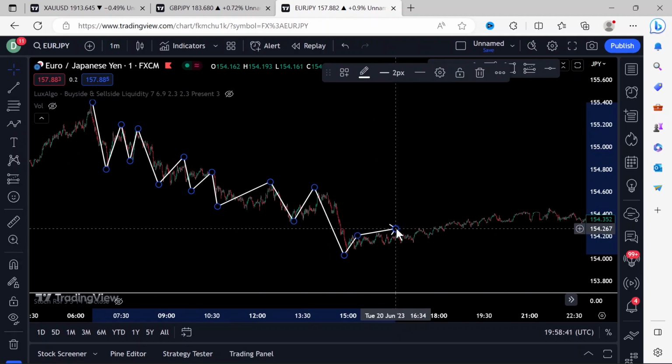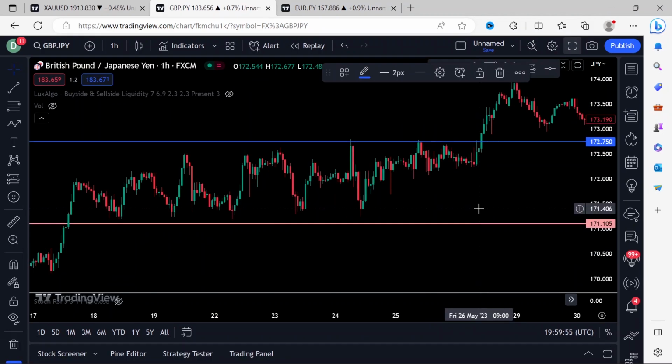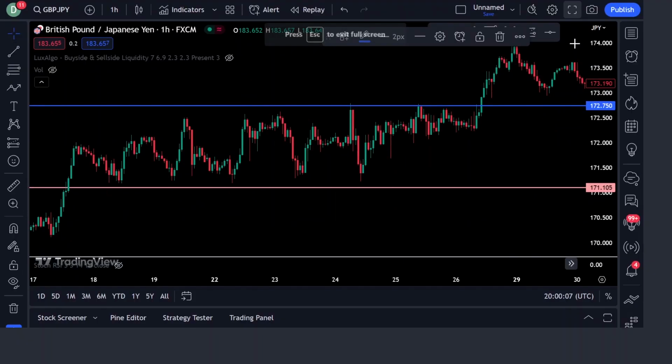Now let's look at consolidation. Back on the GBP JPY on the 1 hour time frame, we can clearly see that the price is consolidating.